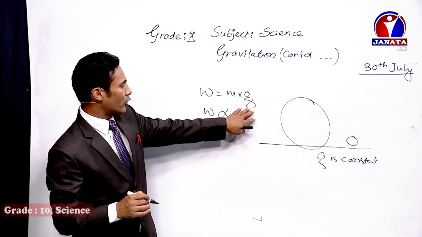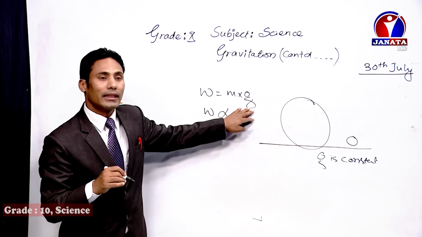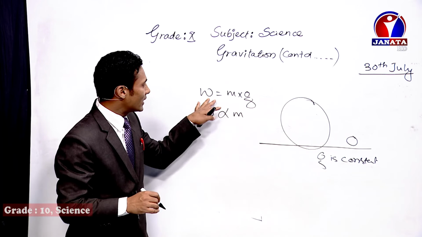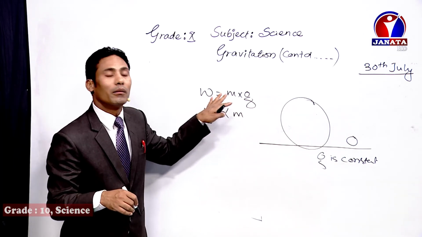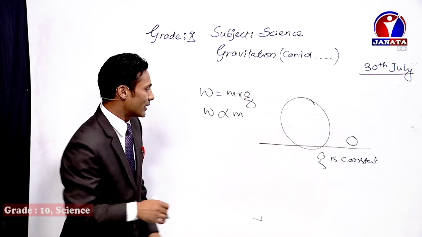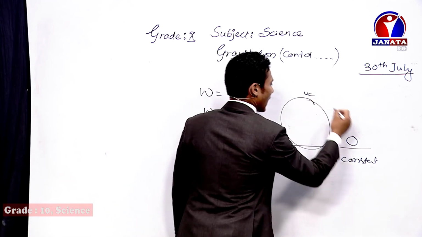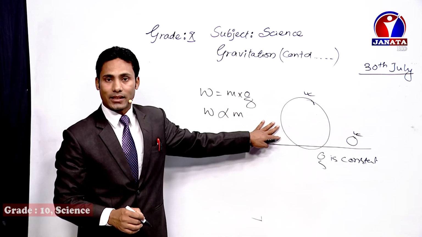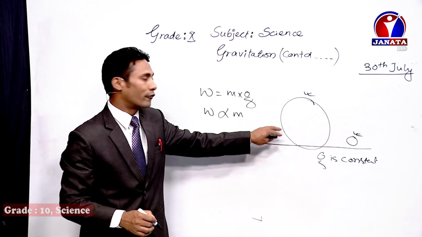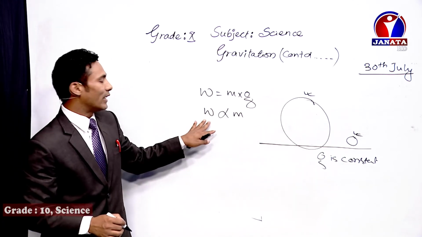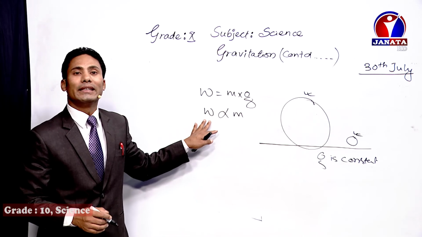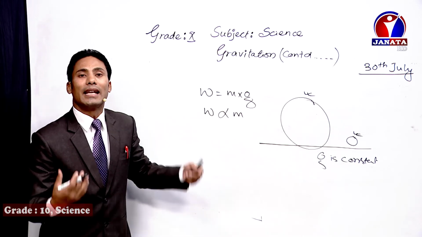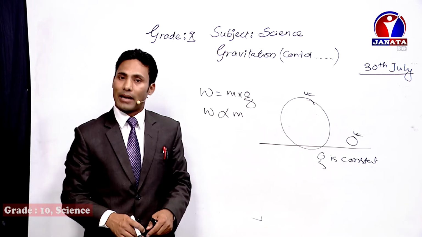Whenever g is constant, the weight will depend upon the mass. That means if we check the large stone and the small stone, definitely the large stone has more mass. Due to the presence of more mass, more weight will be there. That's why we feel difficult to lift up the large mass than the small mass.